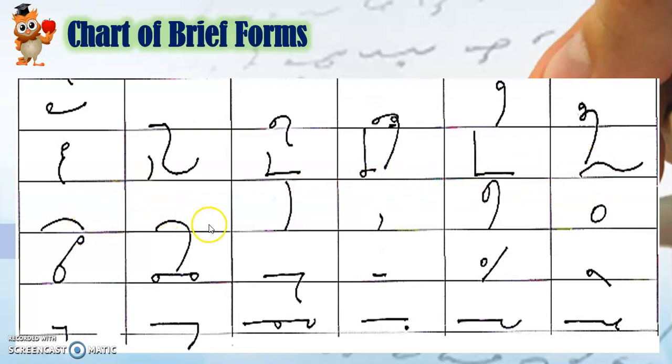The third line? Okay, we have here the fourth row of brief forms. Okay, what about the last row?